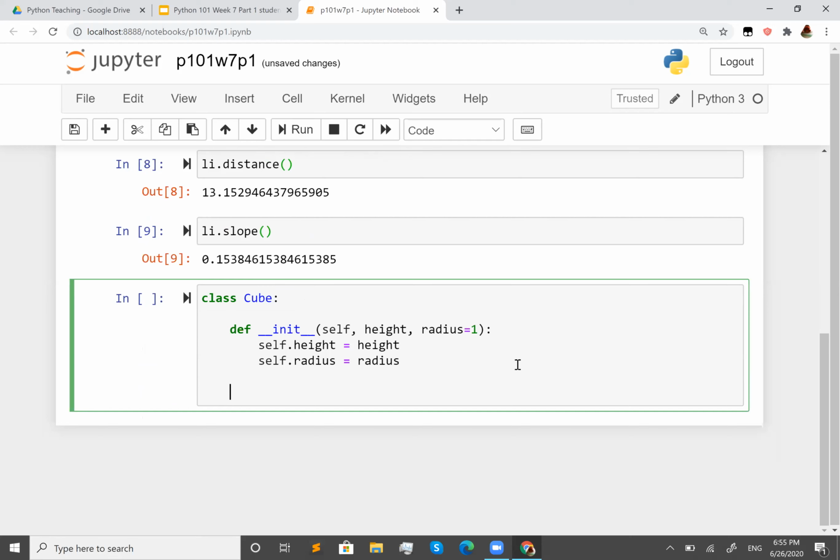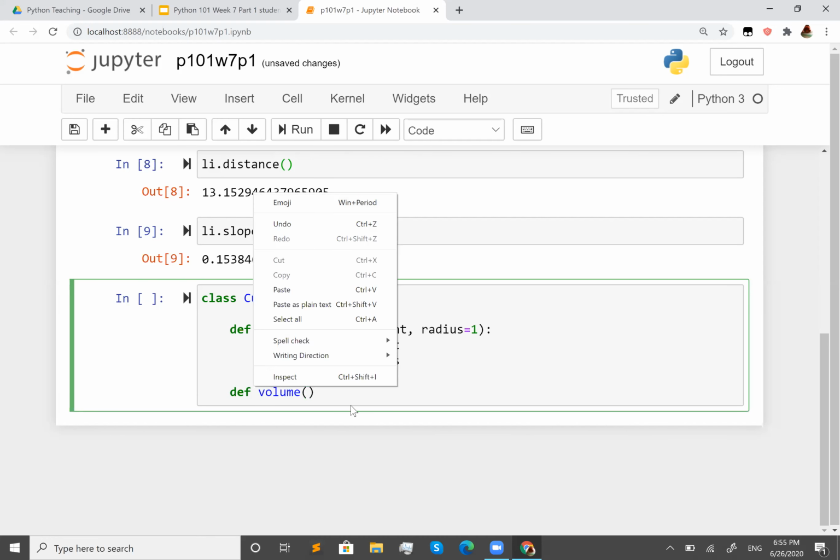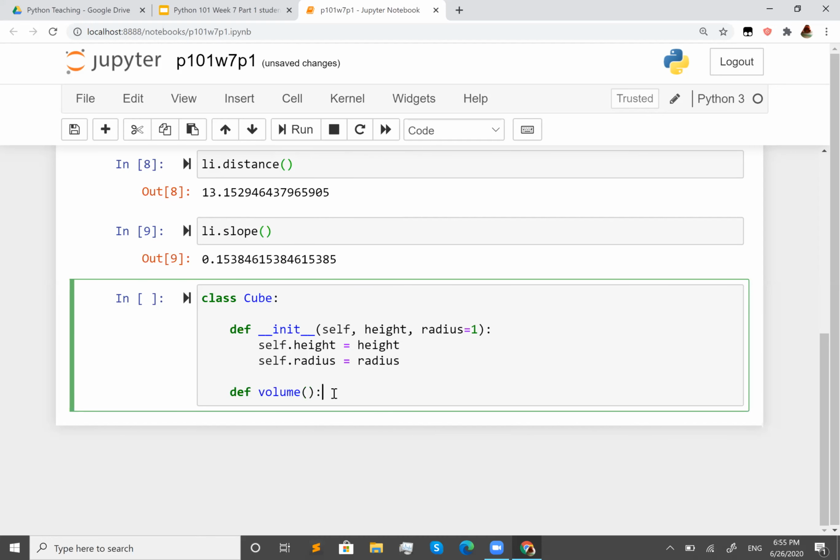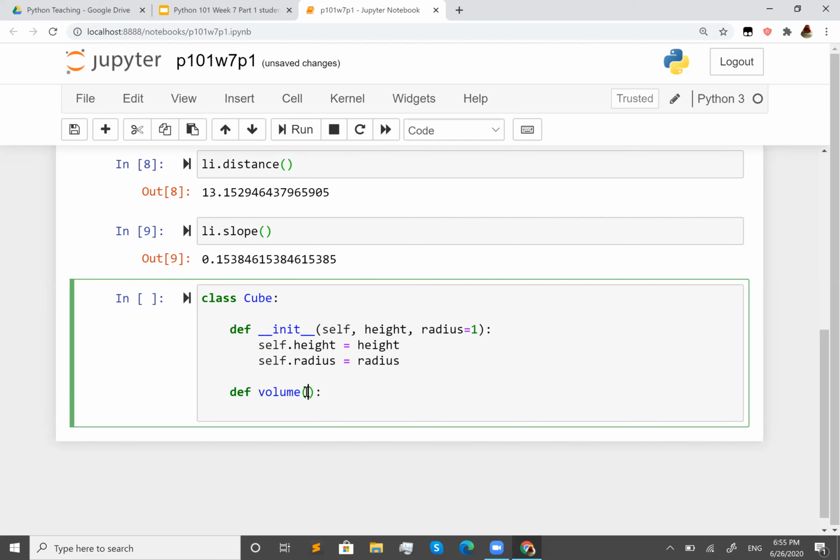To define, def. Just say def volume next time, okay? Def volume and parentheses and then colon. That's it? Wait, do we need self? Yeah. Don't forget self, okay?